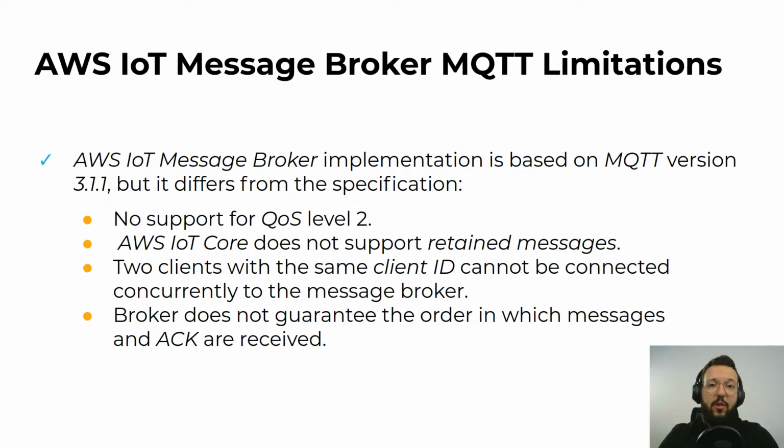One additional thing related to the MQTT differences between the message broker and the specification is that on the IoT Message Broker side, two clients with the same client ID cannot connect concurrently to a message broker. There is no such constraint in the regular MQTT protocol, but most message brokers try to enforce such a constraint anyway, because it's related to replication and scalability.